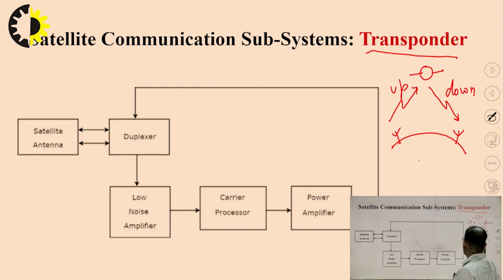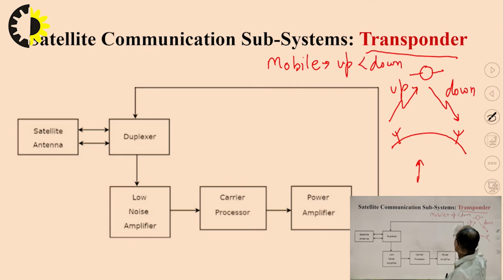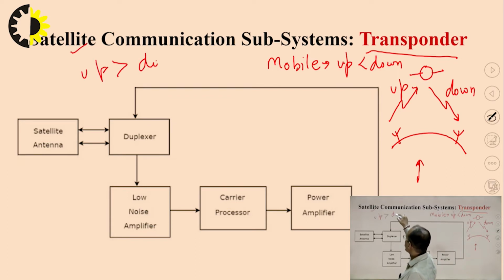One point is always mentioned here: uplink frequency is always higher than downlink frequency in satellite communication. Sometimes students get confused, so I want to mention one thing. In mobile communication, uplink frequency is less than downlink frequency, but for a satellite, uplink frequency is greater than downlink frequency.